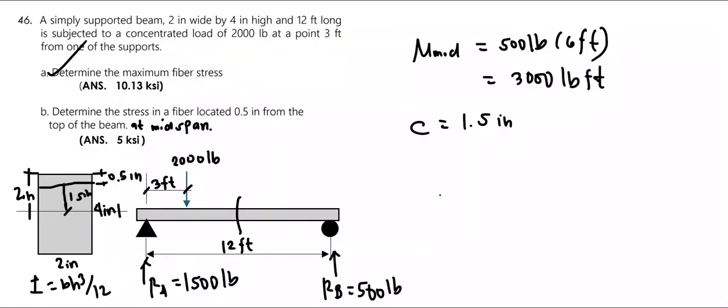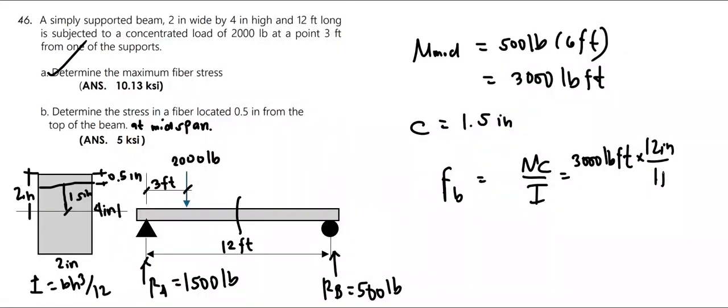Now we can use our formula for bending stress of the beam, that is F sub B equal to MC over I. We have our moment that is equal to 3,000 pound-foot multiplied by conversion factor of 12 inches per 1 foot multiplied by the variable c, that is 1.5 inches, divided by the moment of inertia given by the formula bh cubed over 12.